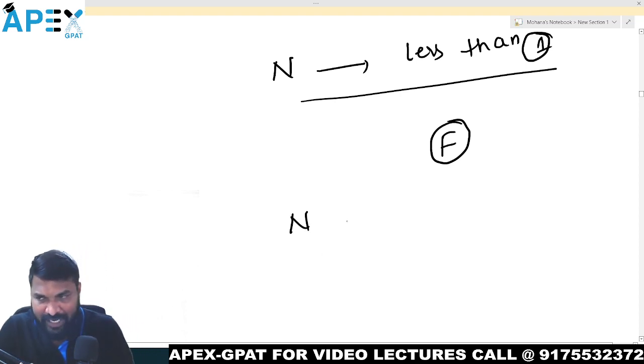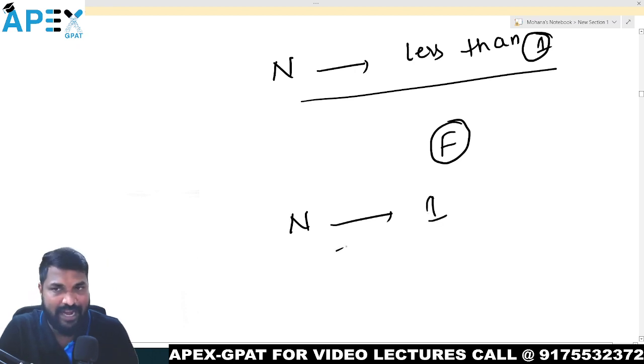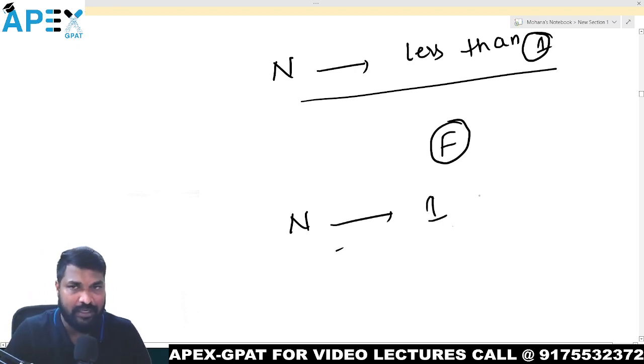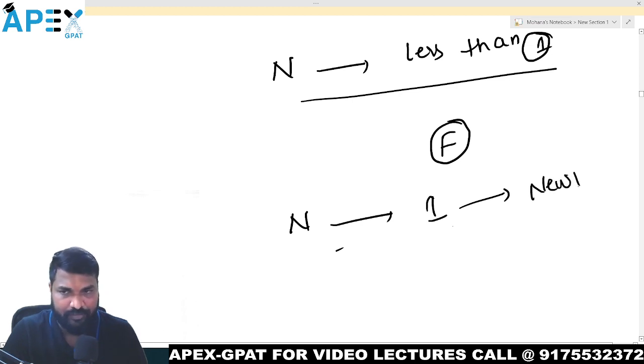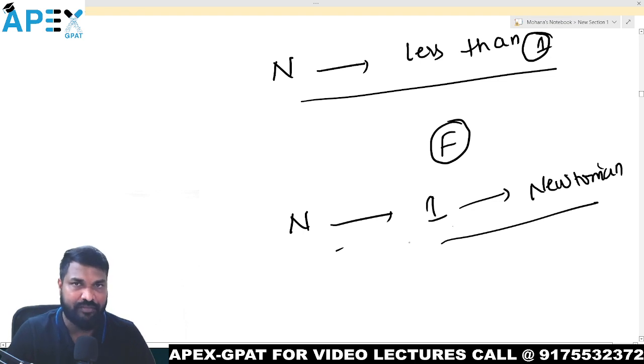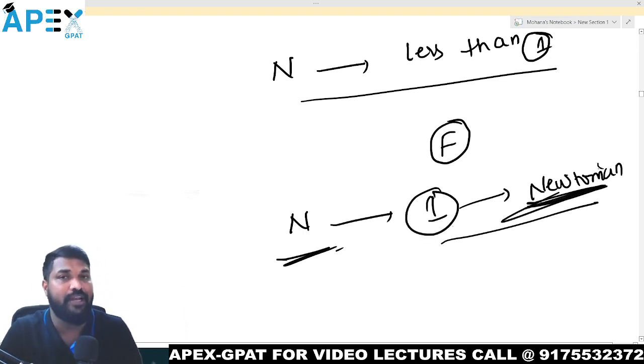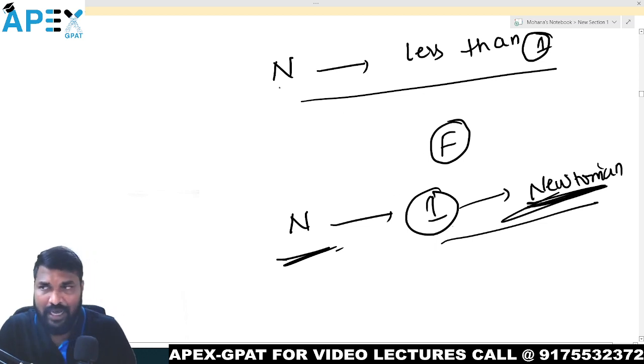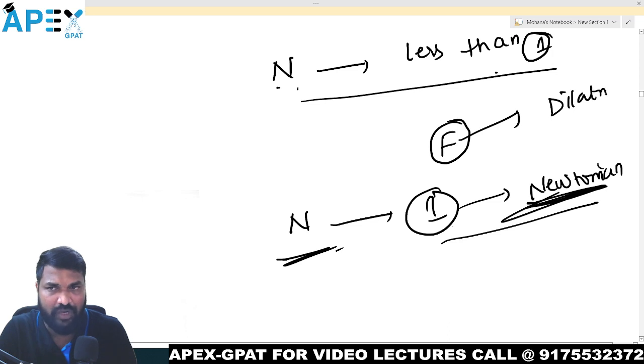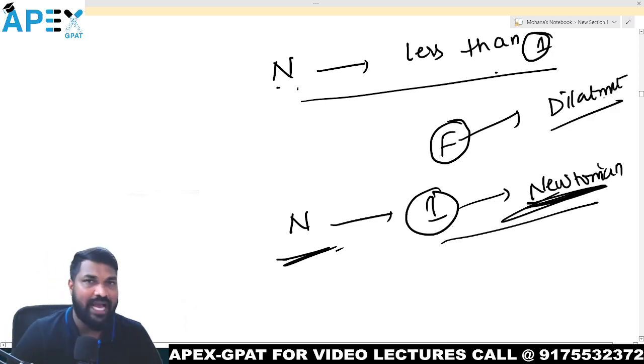Whenever the N value comes to 1, the material starts behaving like a Newtonian. When the N value approaches 1, they start behaving like a Newtonian. When the N value is less than 1, they are under the flow only.